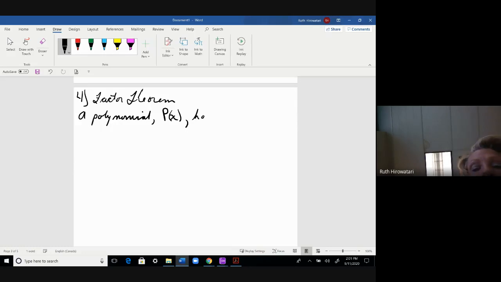A polynomial p of x has x minus b as a factor if and only if, abbreviated IFF, evaluating the polynomial at b gives you an answer of 0.